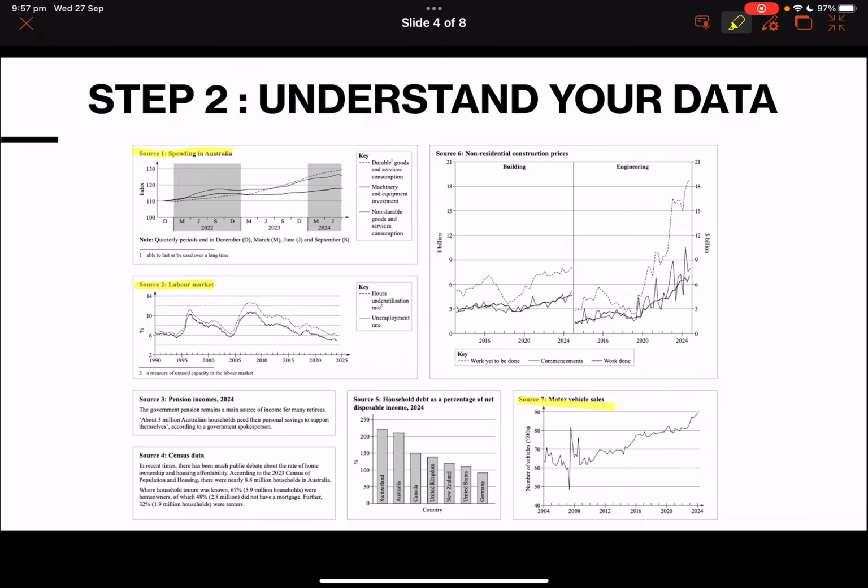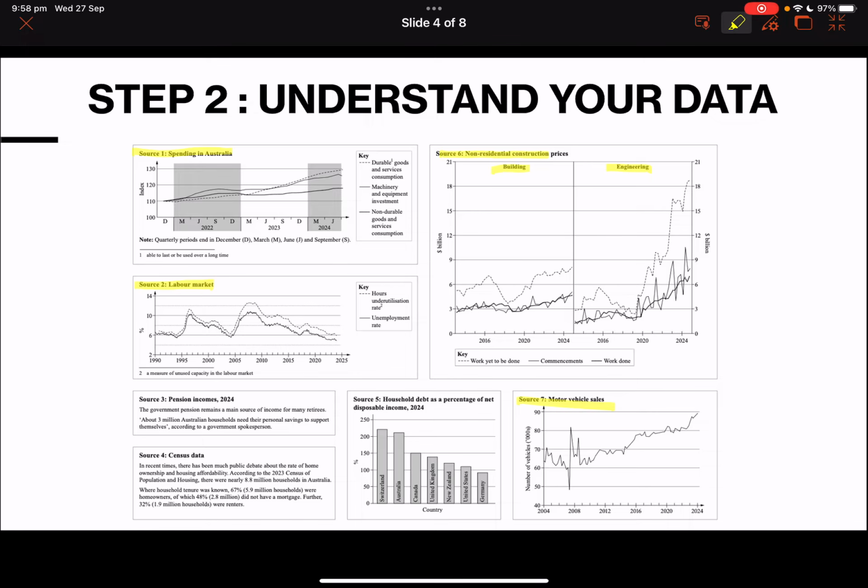There's a connection straight away. And the next one we're going to look at is this source 6, non-residential construction prices. These are office buildings and factories and things like that. So we're looking at the building and engineering costs. We'll look at those in a bit more detail, but I just want to highlight those first sources for you.